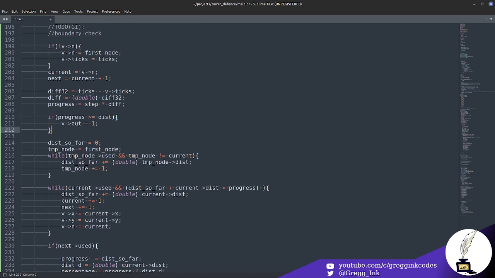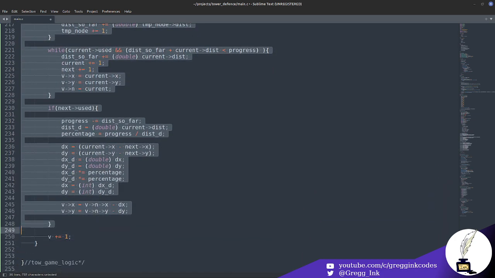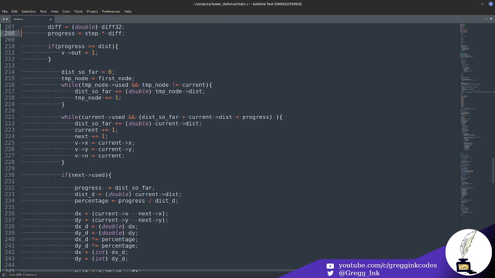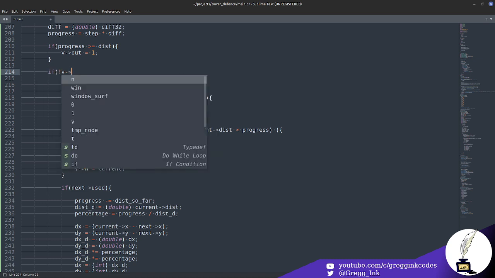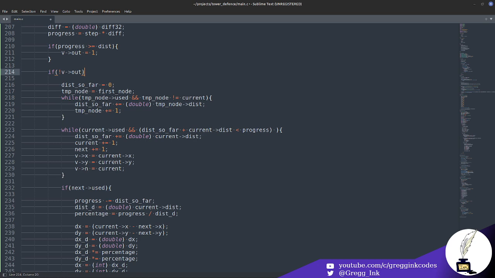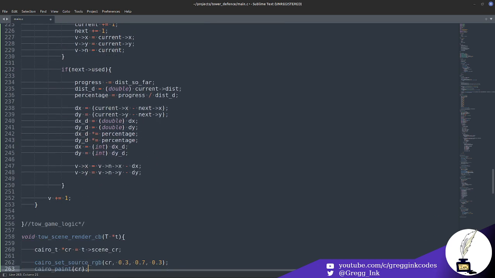Okay, I will want to clean that up, but for now anyway. If not v out, then I'm gonna do all that.